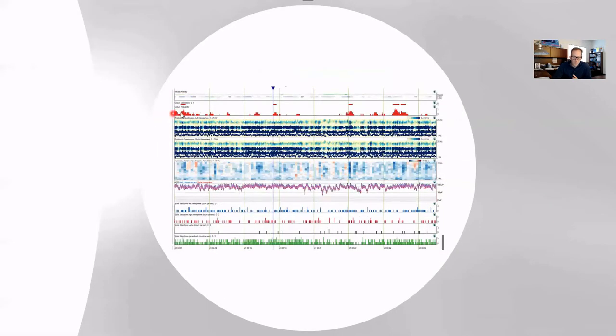The red bars you see up here are likely seizure events across his entire recording, and you can see they're occurring very, very frequently. And spike events, which are these, occur, of course, even more frequently, like we saw in the actual EEG tracing.